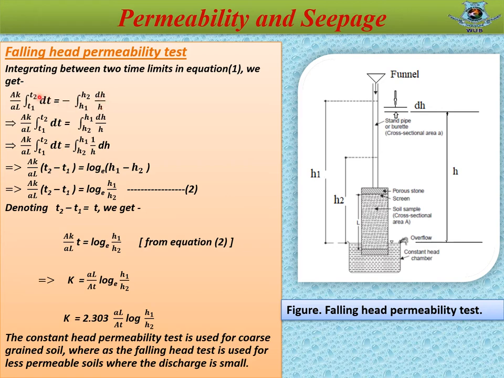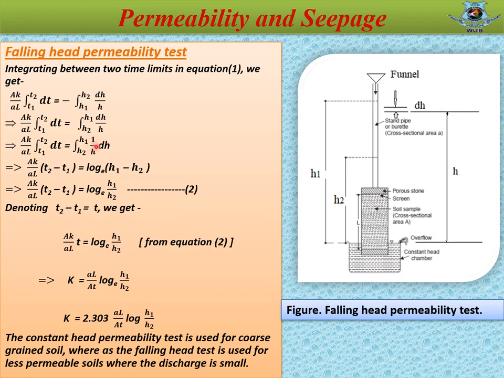Here the upper and lower time limits are t2 and t1, and the head differences are h2 and h1. If we want to change the negative sign, we have to interchange the limits. So we have written integration from h2 to h1 of dH by H. Again we can write dH by H equal to 1 by H dH.